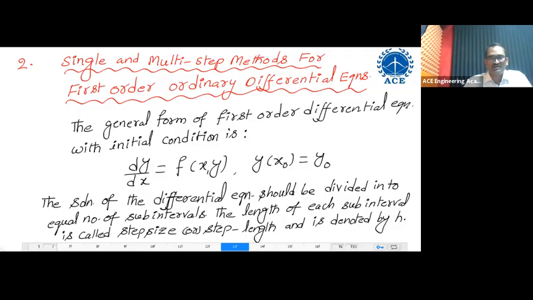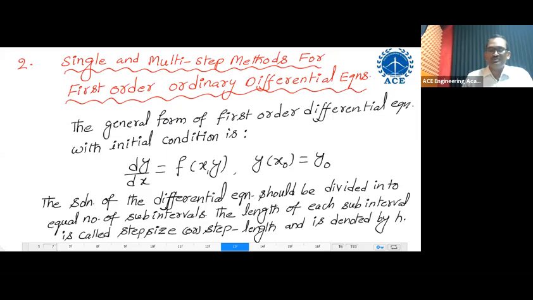Transcendental equation means trigonometric, hyperbolic, logarithmic, exponential. So to find the roots of e power x minus cos x is equal to 0 or x cube minus x minus 1 is equal to 0, we can use the previous four methods: bisection, regula falsi, secant, and Newton-Raphson methods.